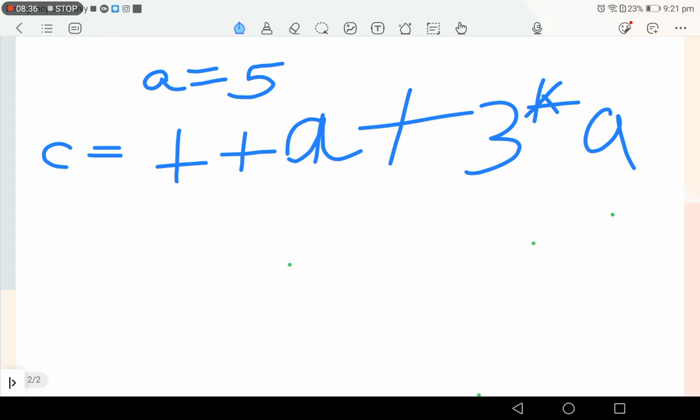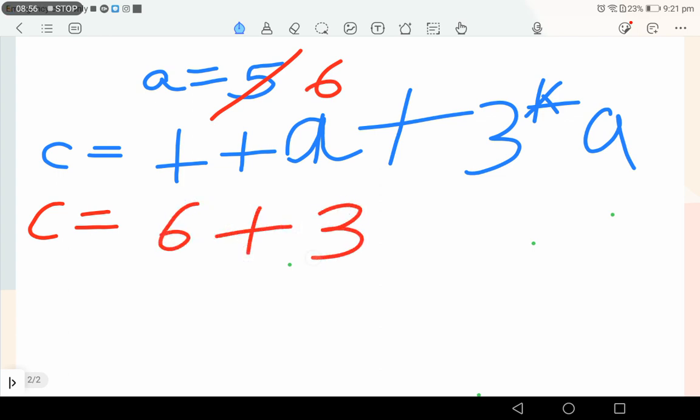So, plus plus a and plus 3 into a. Now let us solve the question by hand. Here we have to find the value of c. Plus plus a is given, so we know that we have to increase the value first, because this is prefix increment. Then 3 into the value of a: we don't have to use the value which was given before.